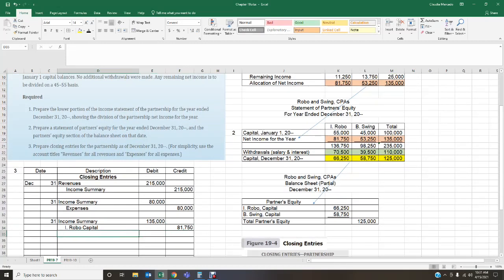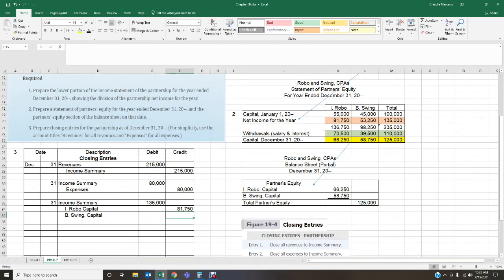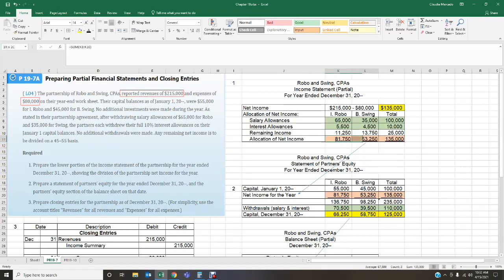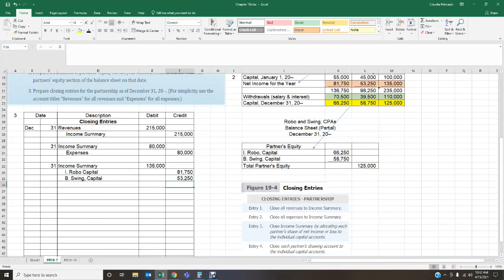And then the amount for Swing is 53,250. We're getting this from the income statement right here. So that is step number 3.